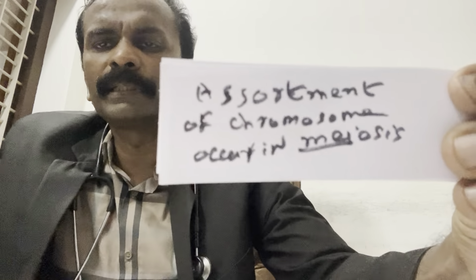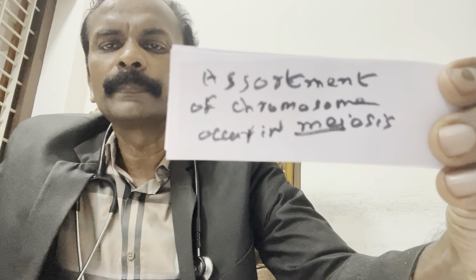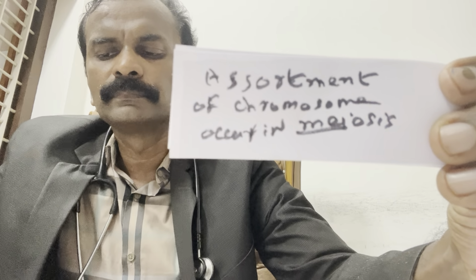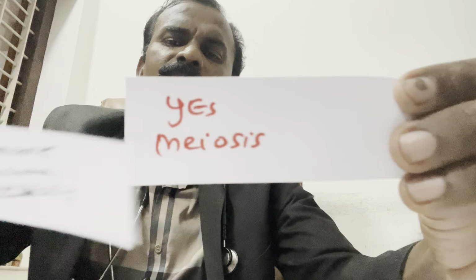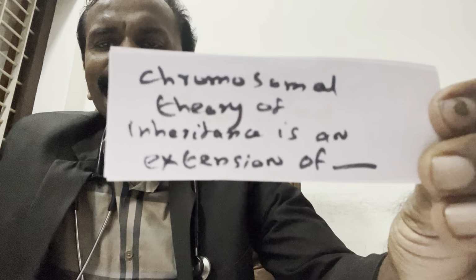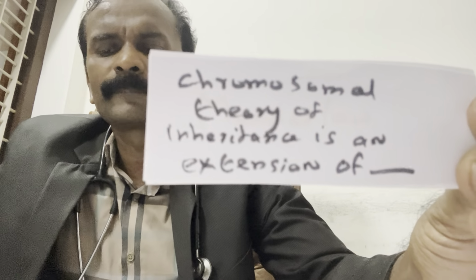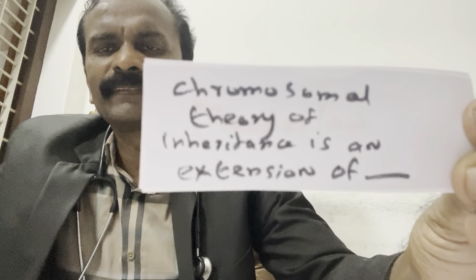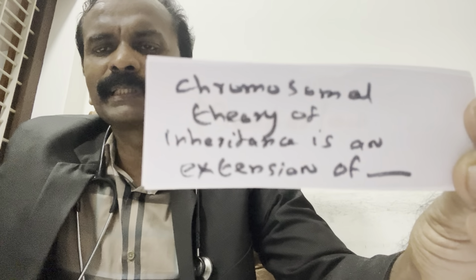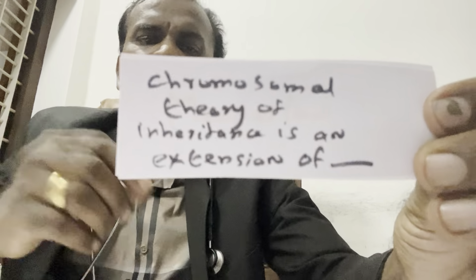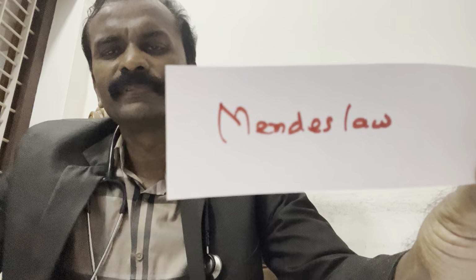Assortment of chromosomes occurs in meiosis. True or false? Yes, meiosis. Chromosomal theory is an extension of dash. It is an extension of Mendel's law.